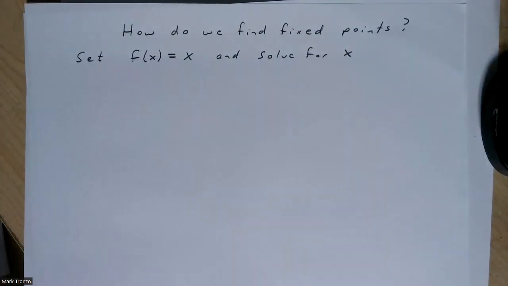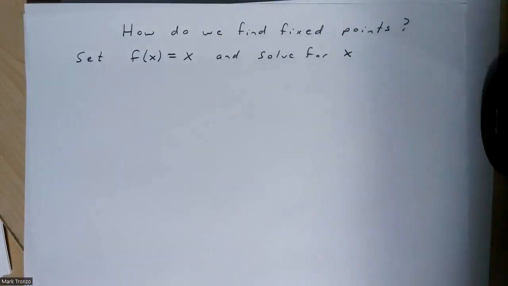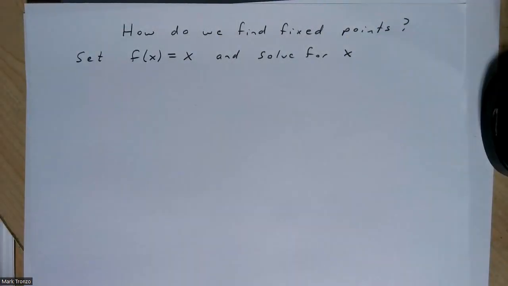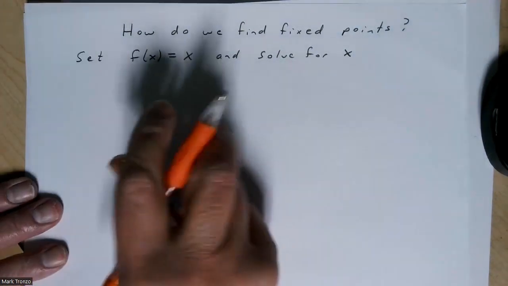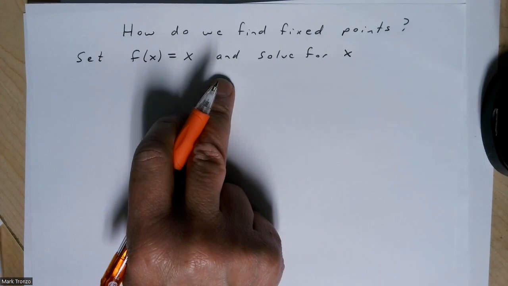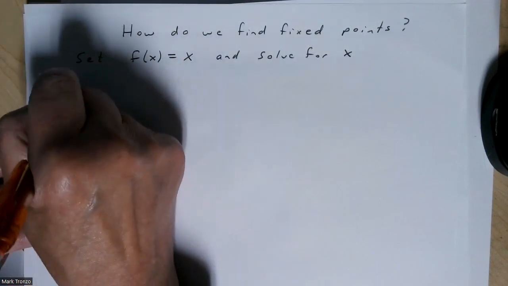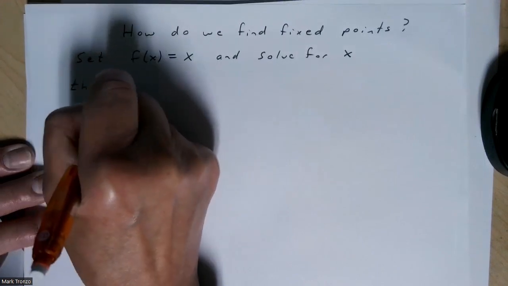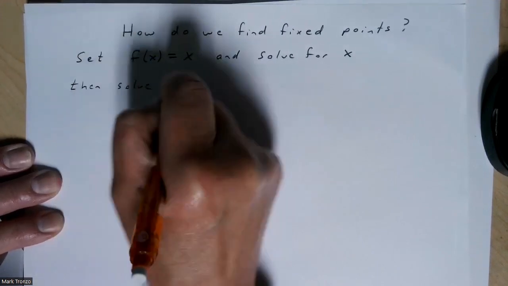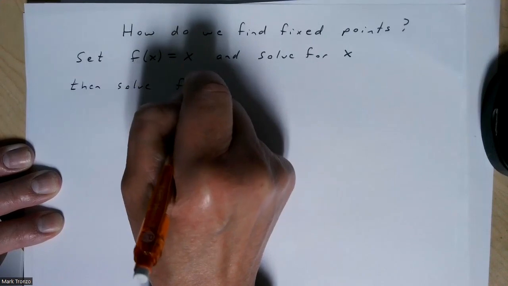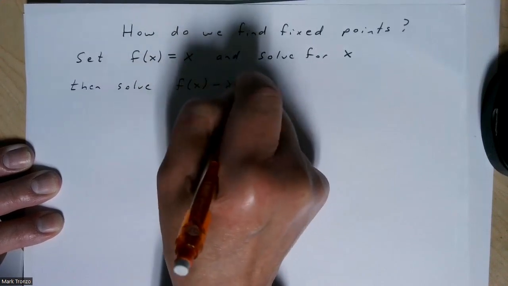As I mentioned before, you can do it graphically by seeing where the graph of the function intersects y equals x. Or you can set f of x equal to x, then rearrange to f of x minus x equals 0.